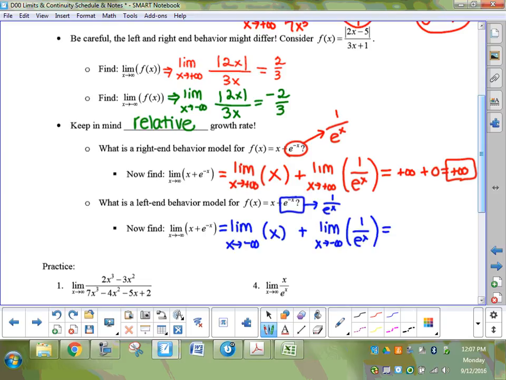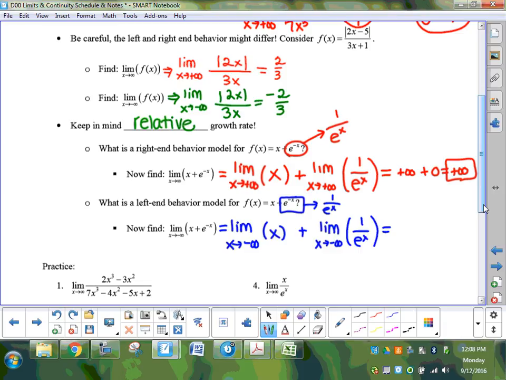Now let's evaluate what these are going to. As I start plugging in gigantic negative values, what is this limit going to go to for the first half? Negative infinity. Now, here's the other piece that you need to keep in mind. So that goes to negative infinity. Plus, what is this going to? It's going to be tough for you to conceptualize it. You're close.